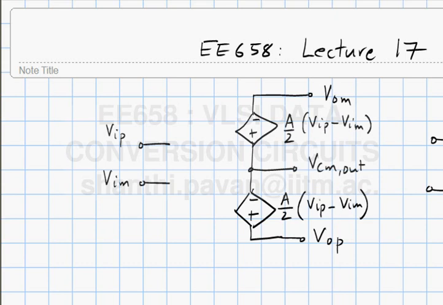Now, in practice, as I kept saying, there is finite speed associated with the op amp, and the derivation of the dynamics proceeds in a manner very similar to what we saw with respect to a single-ended op amp. You want more gain, but you know that from a single stage you cannot get too much gain. So you cascade, right?